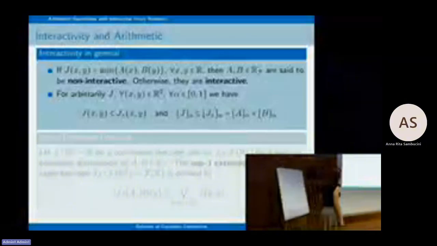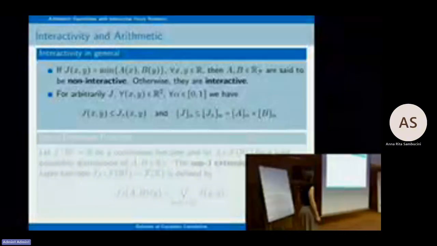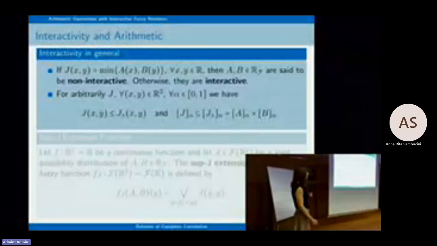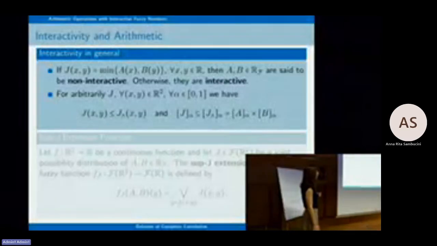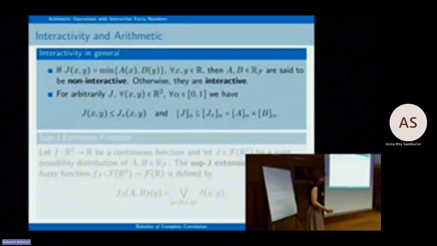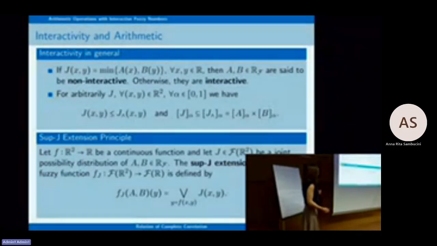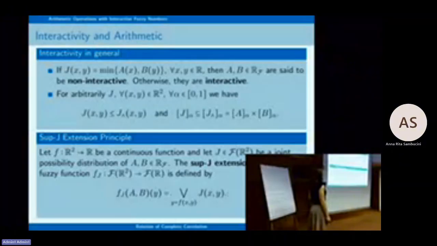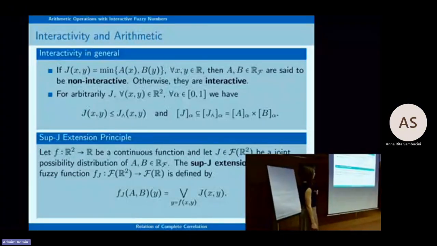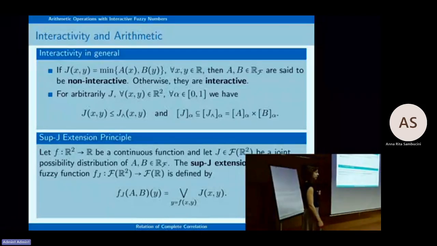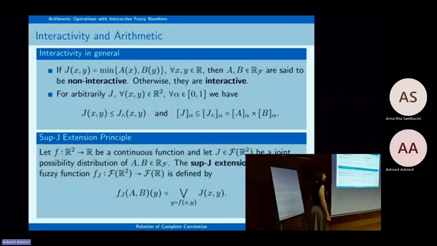it also tells us that this fuzzy relation is then always less than or equal to the relation given by the minimum T-norm, and the same holds for alpha-cuts. And this fuzzy relation, which represents the interactivity relation, was used to define the so-called sup-J extension principle.